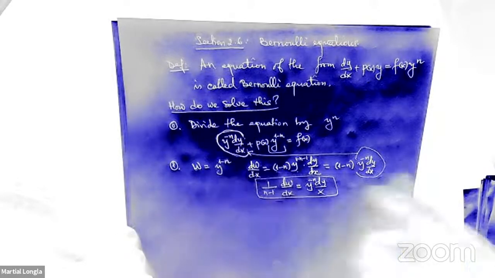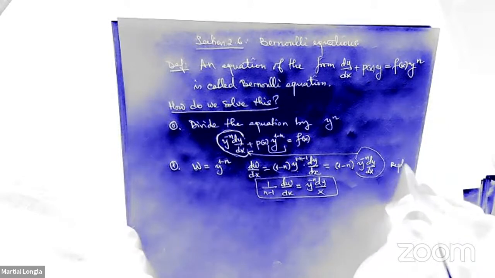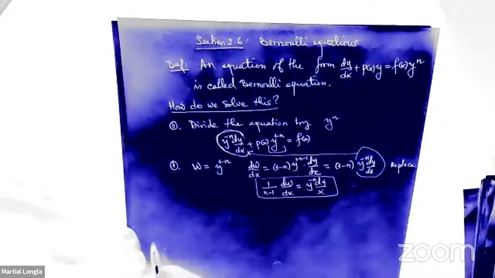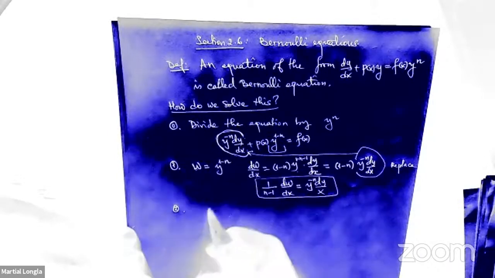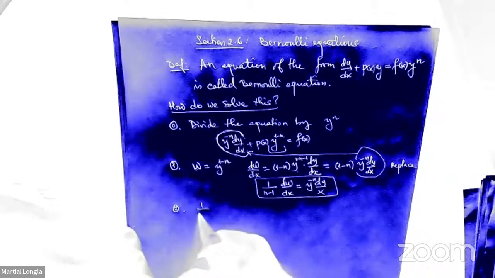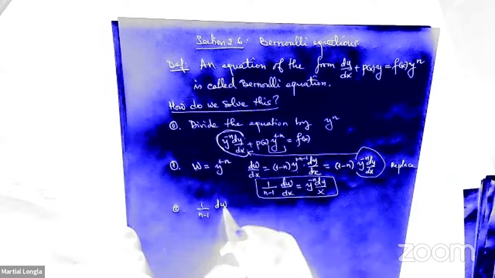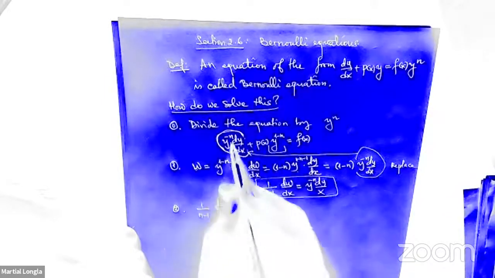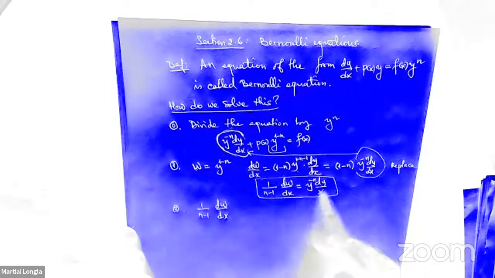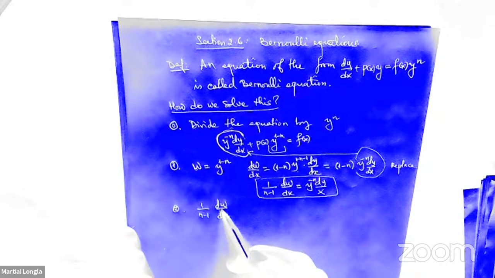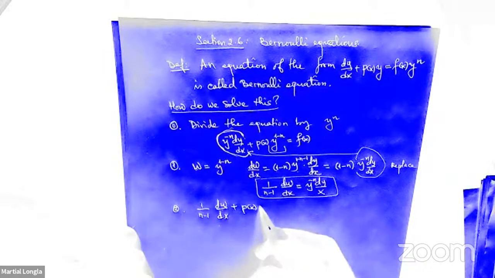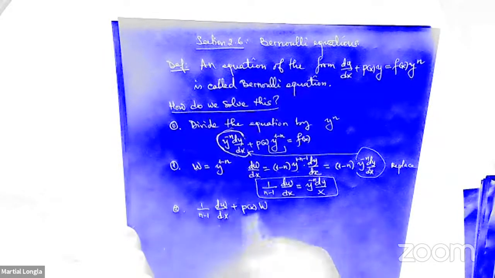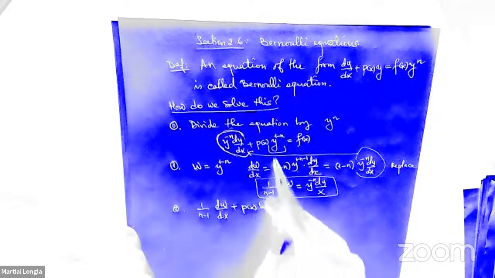We solve for it from this equality, this and that, so we replace that in the equation as well. So the equation becomes 1 over 1 minus n, dw over dx. That is this piece; I just showed you it is this. So I replace, plus p of x, and then this is w.